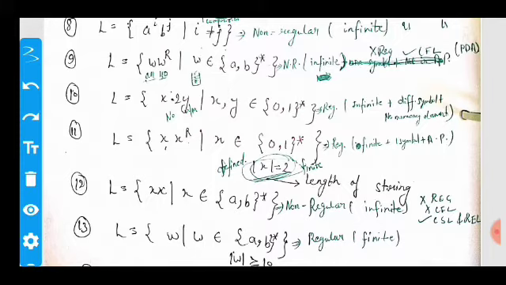L equal to w w reverse such that w belongs to {a, b} star, so it is not regular because here a memory element is required.